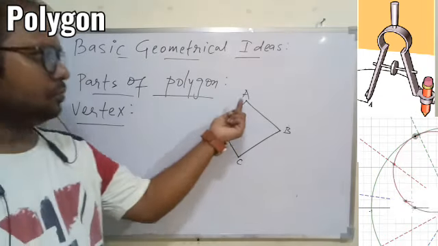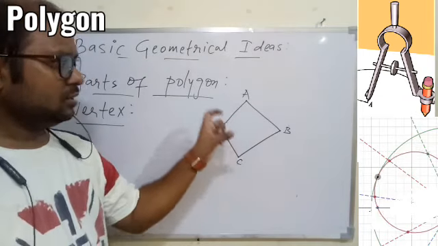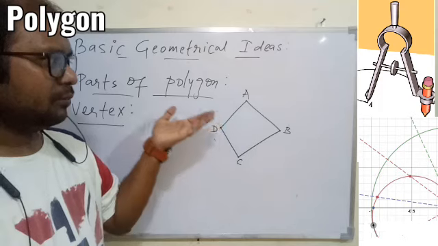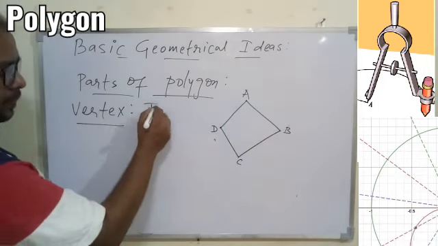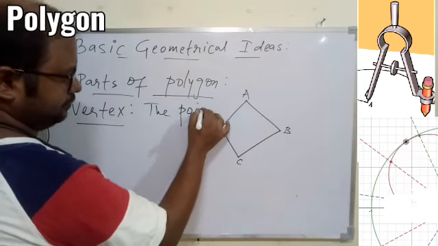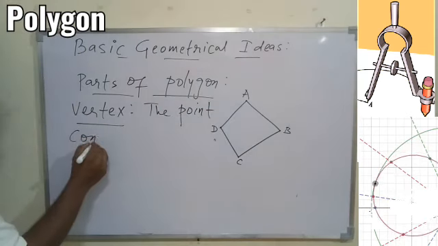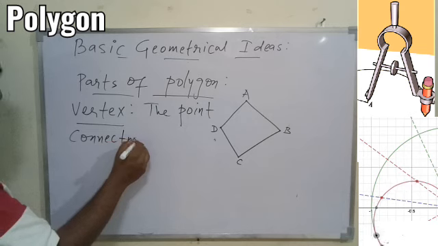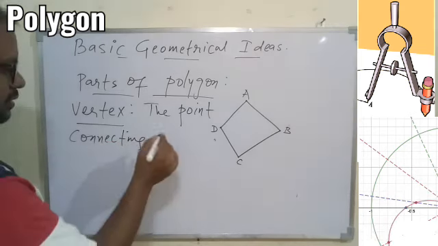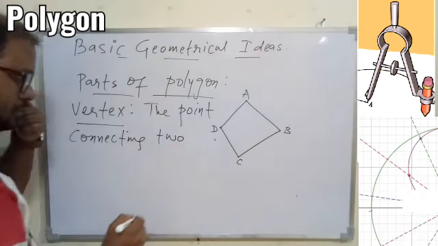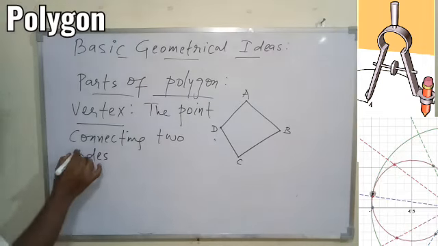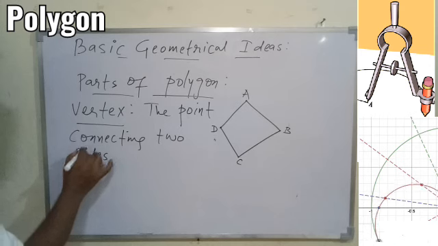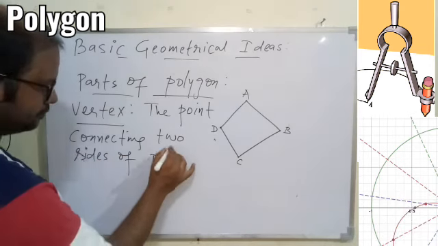Or you can say the point which is connecting the 2 sides of a polygon is nothing but a vertex.